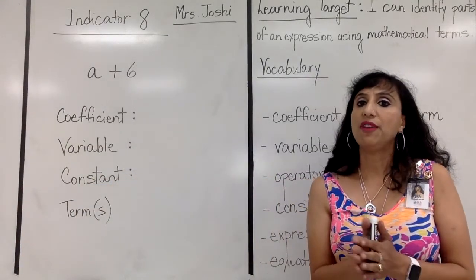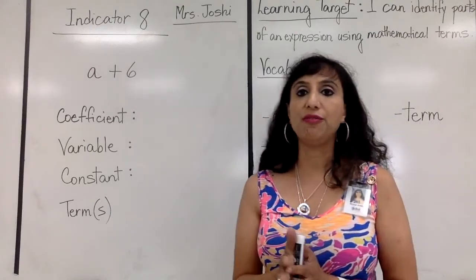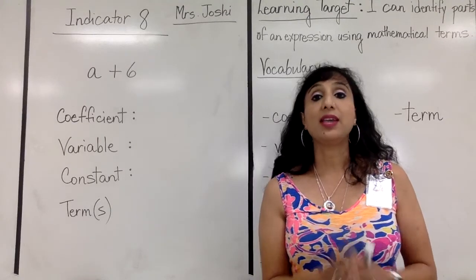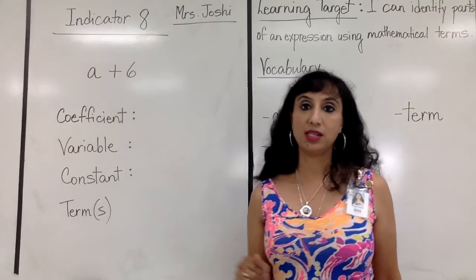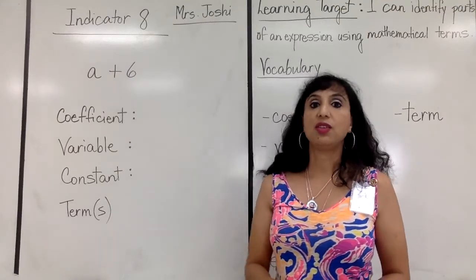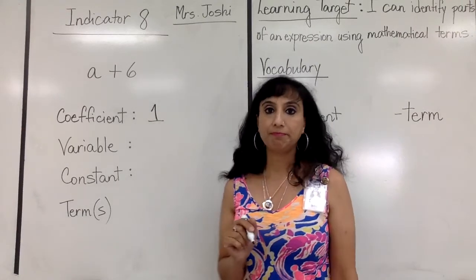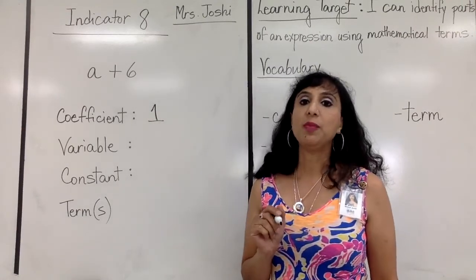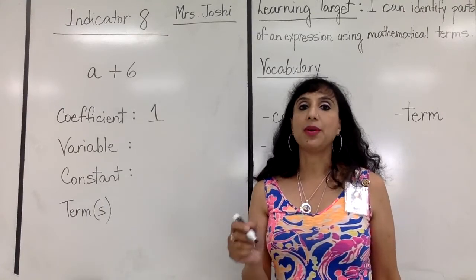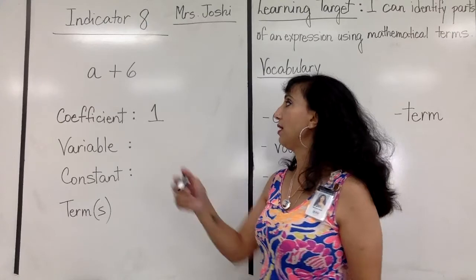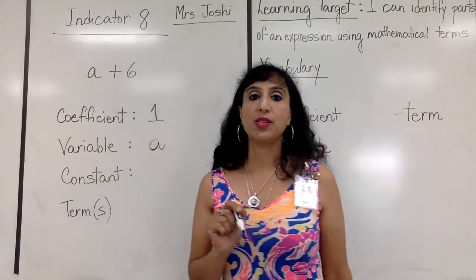And then what is the coefficient? As I said, if no number is written before the variable, that means there is one of the variable. Because you have one a, that is why my coefficient is 1 in this case. My variable is the alphabet, which is representing a number. So you look at what the alphabet is over here, which is a, and the variable represents a number.